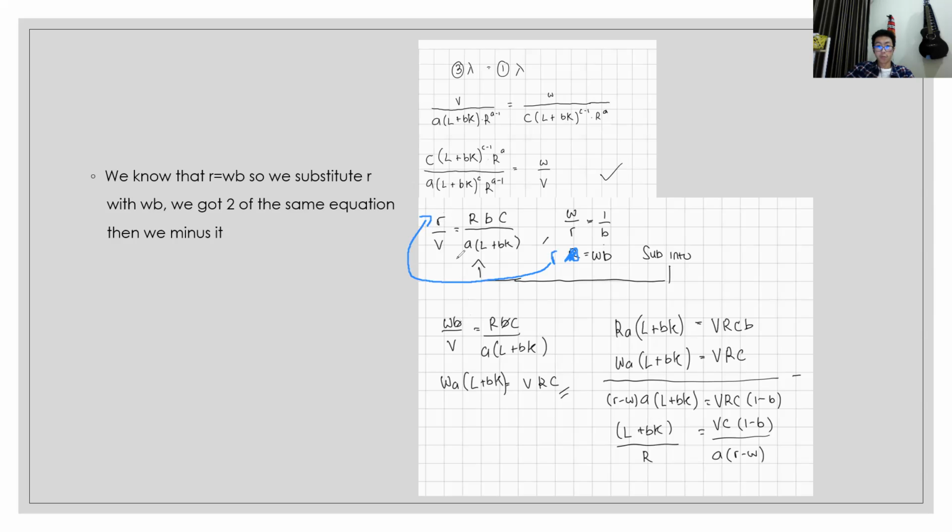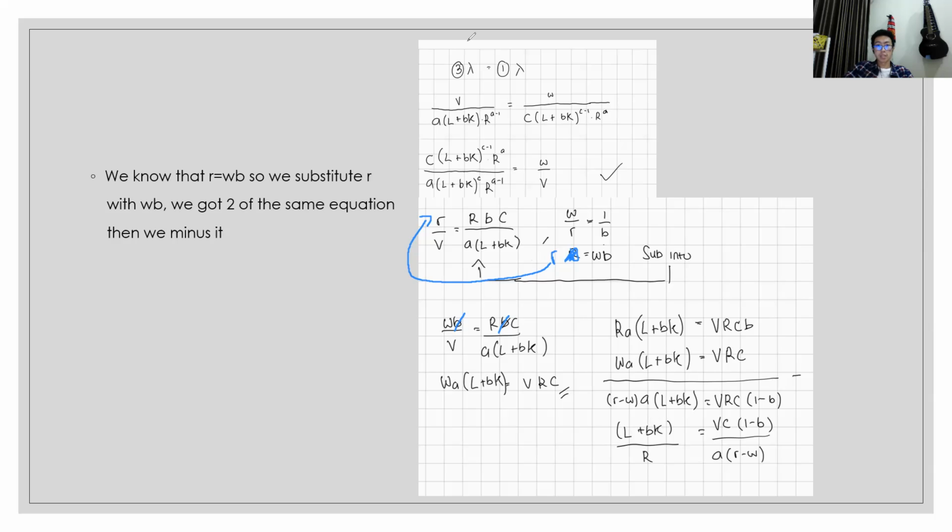Then WB over V equals RBC over A times LBK. Remember, we have B here, so we cancel out the B. And we get WA, we cross multiply, WA times L plus BK equals VRC.